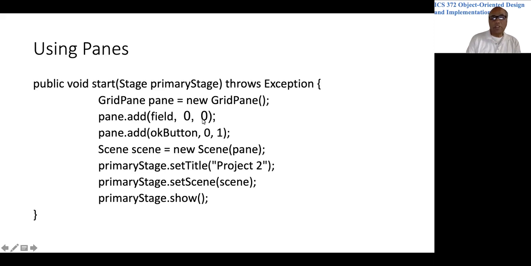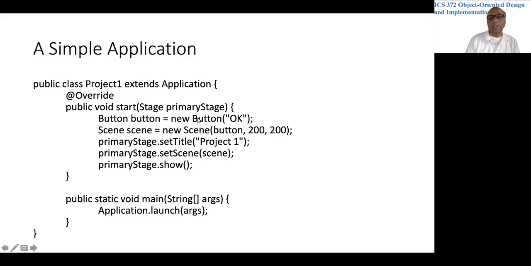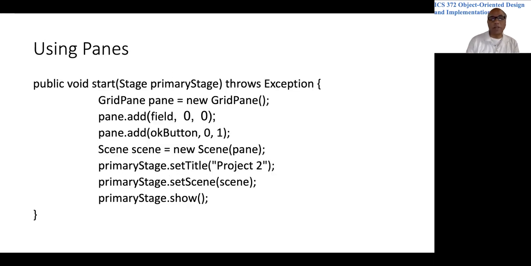Now, it is rare that we just put one widget into the whole scene. So we might have many different widgets. So if that is the case, we can have other classes, other objects into which we can put all these widgets. For example, we can have what is called a GridPane in which we can put different types of widgets.